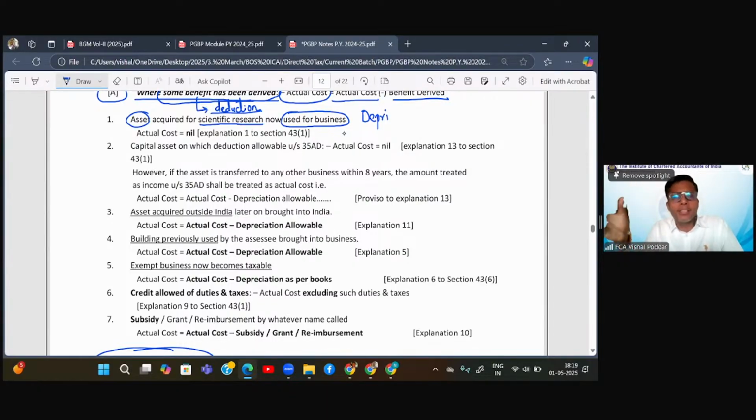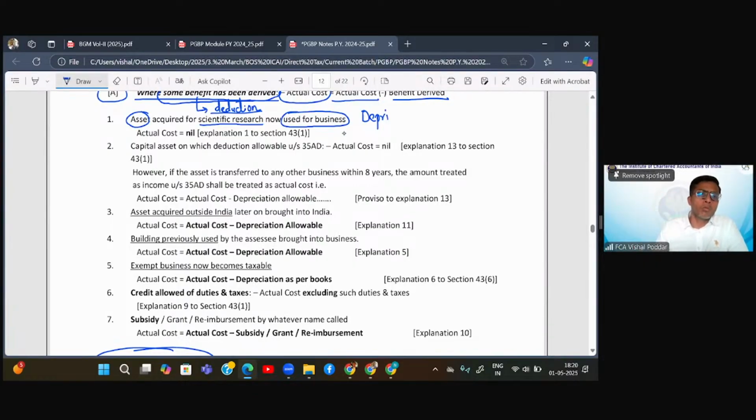Since for the first 4 years it was in scientific research, it was not included in the block, because in the block we include only those assets which will be used for your day-to-day business activity. Now I will add it in my block in the 5th year.